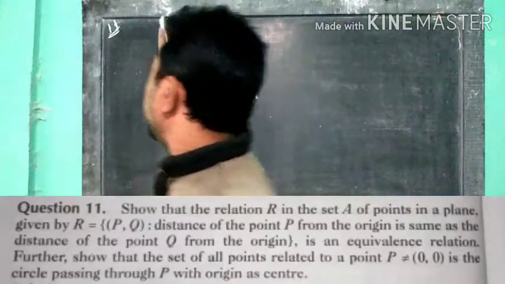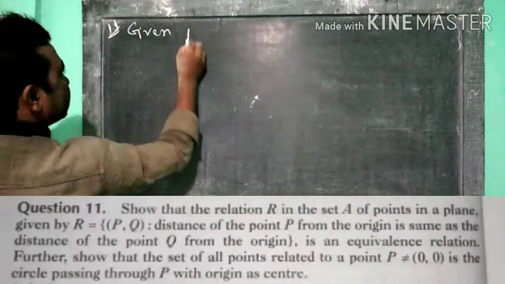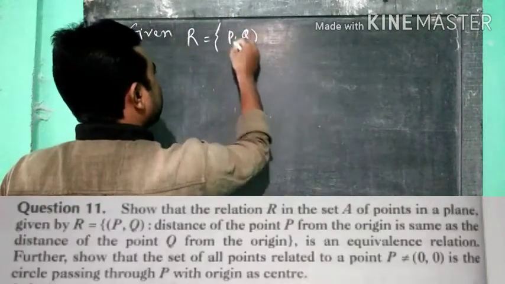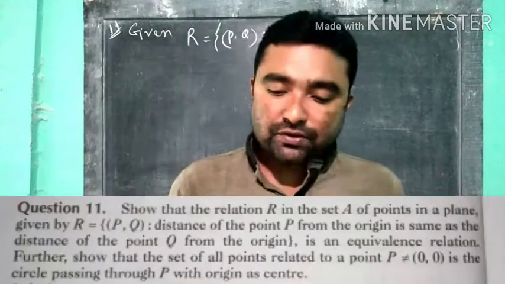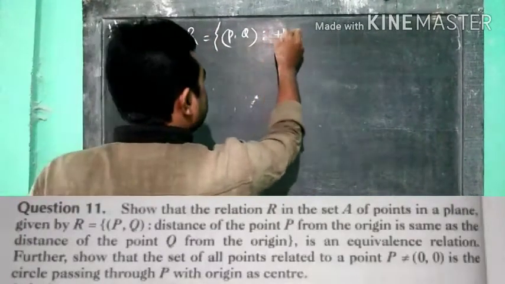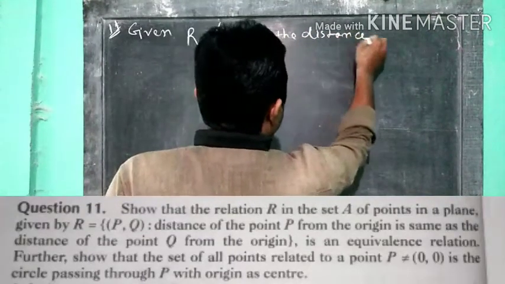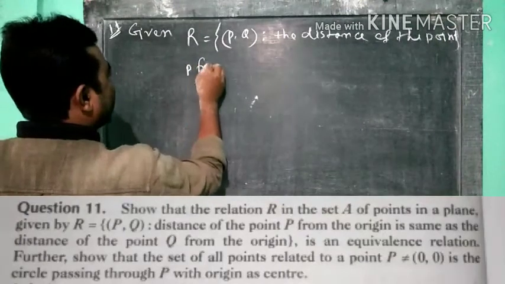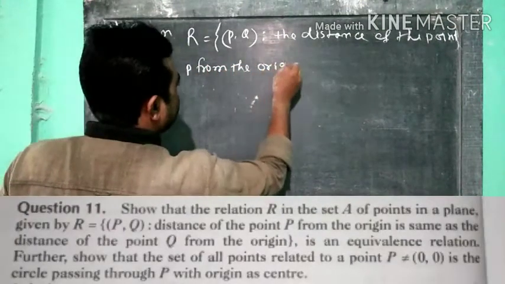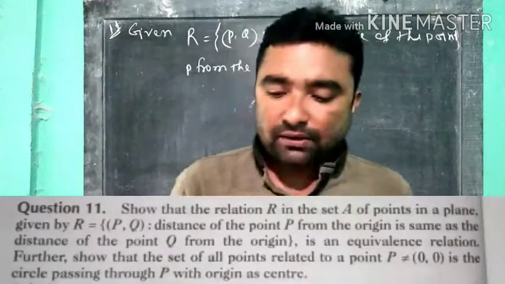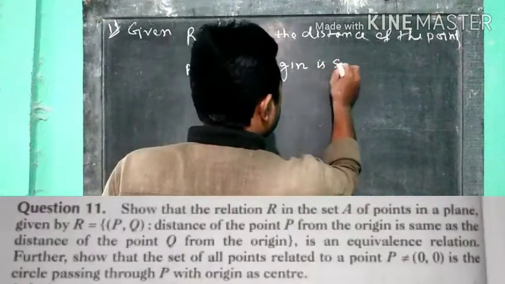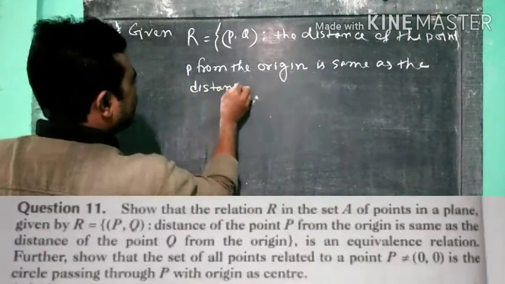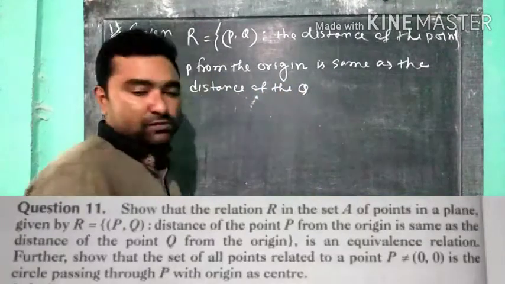So first of all, it is given R equal to {(P, Q)} such that the distance of the point P from the origin is the same as the distance of the point Q from the origin.